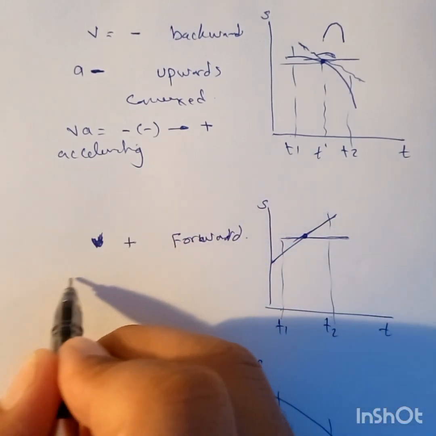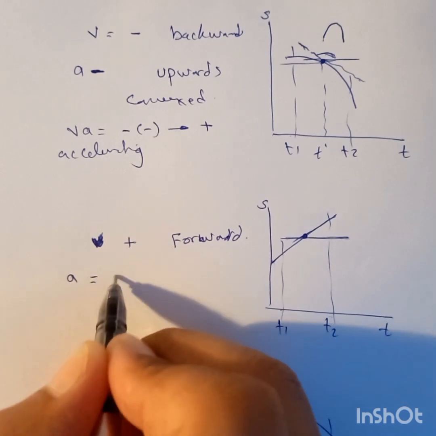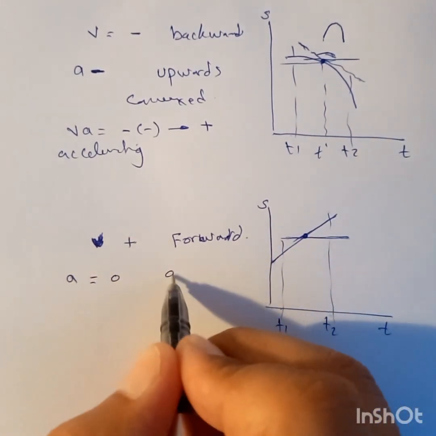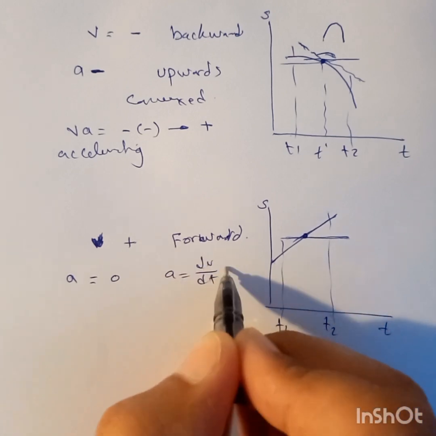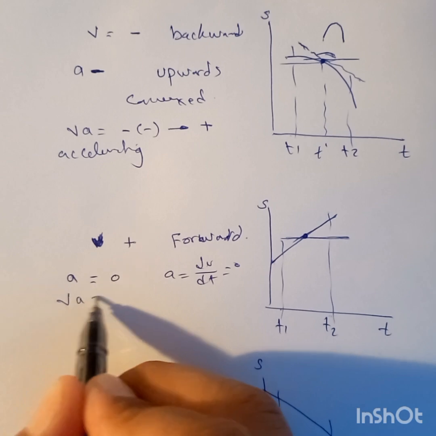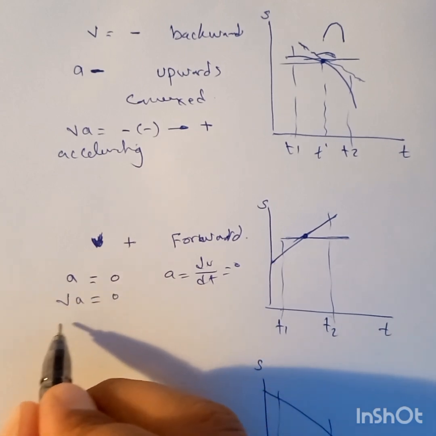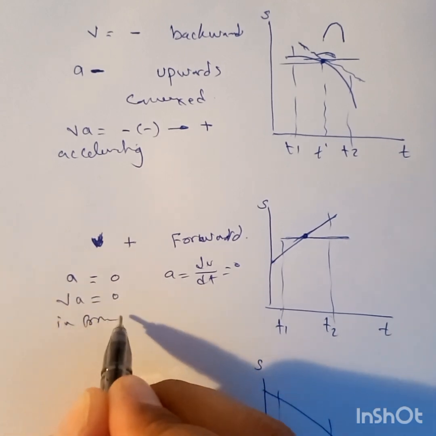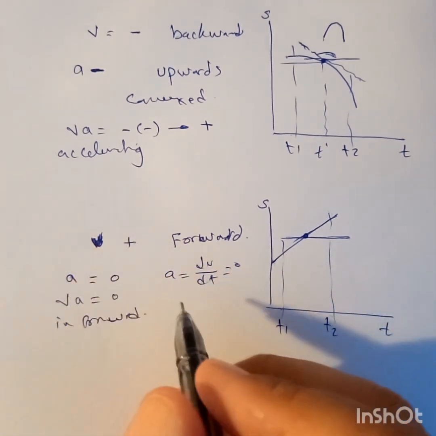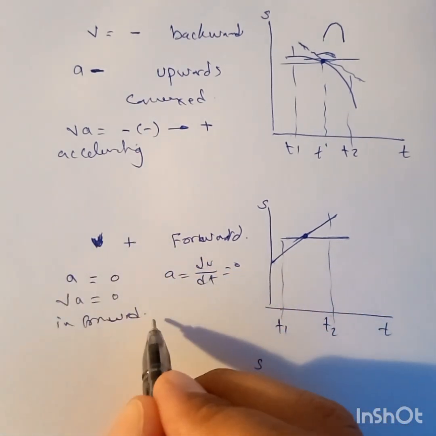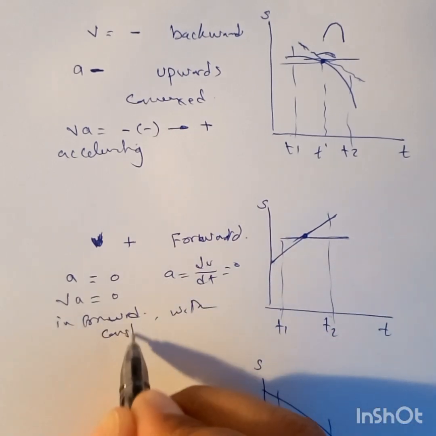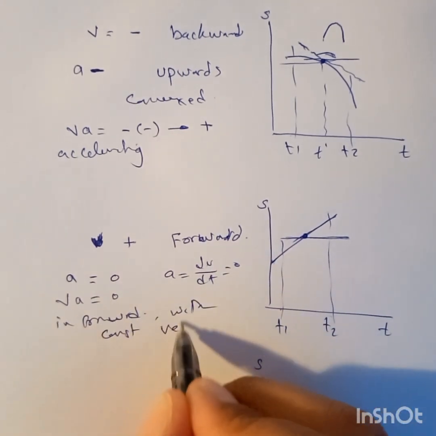For acceleration here, acceleration equals 0 as velocity is constant, then a equals dv/dt equals 0. Then in this case we have va equals 0, and the body moves in forward direction according to the sign of the velocity, but with constant or uniform velocity.